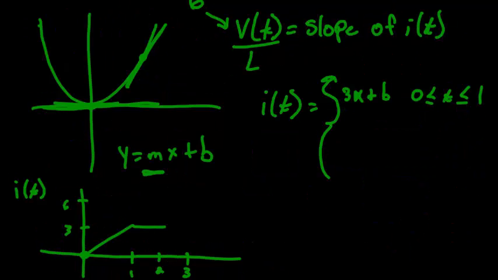Yes, because v is... So from 2 to 3 is 0, right? Actually, no. It goes from here, but this equation was just for this time interval, right?